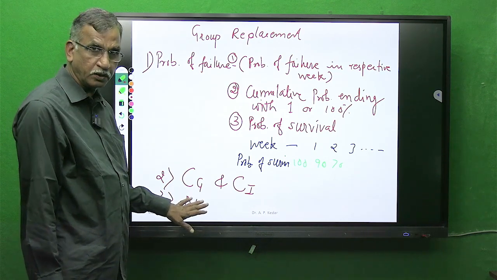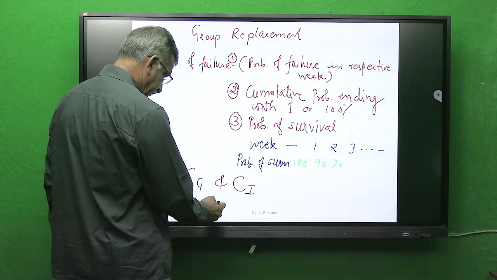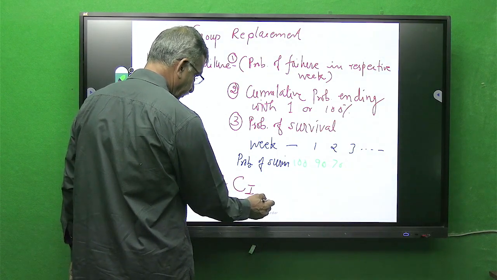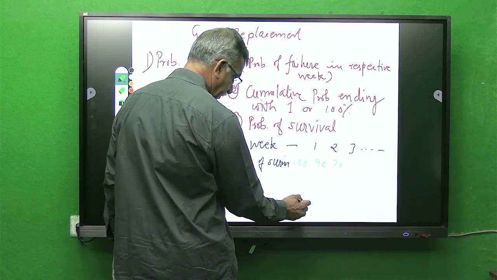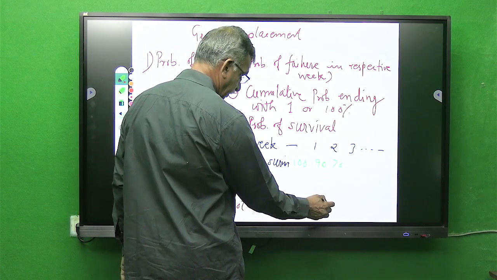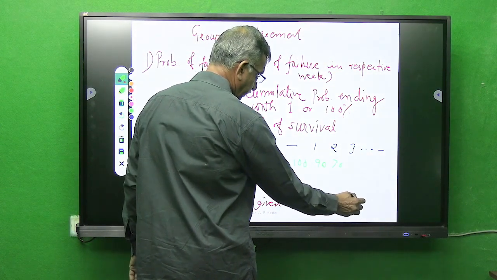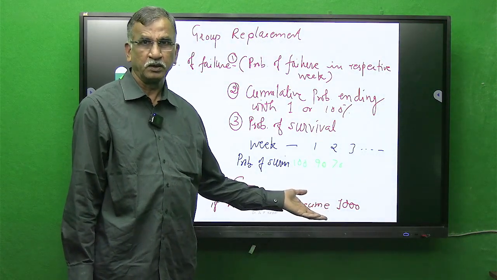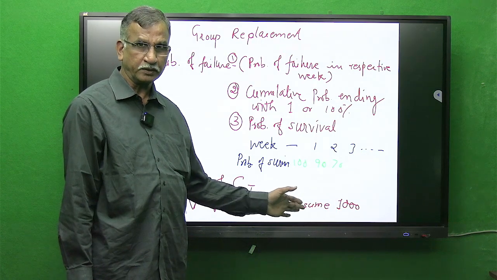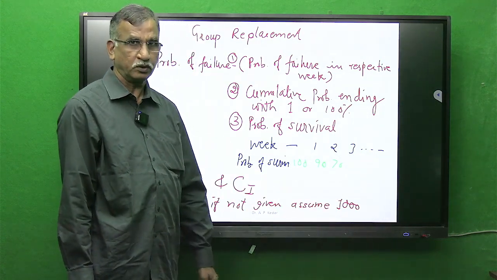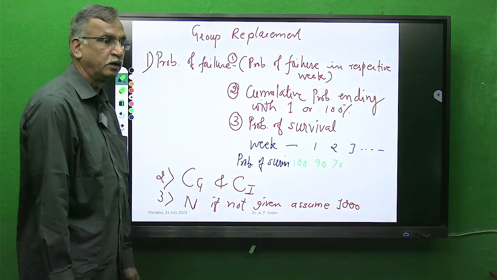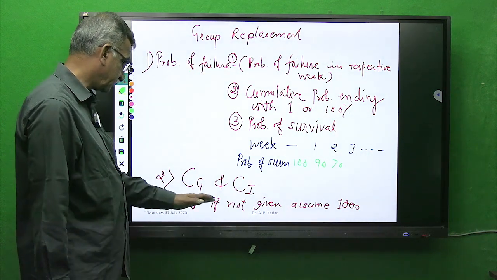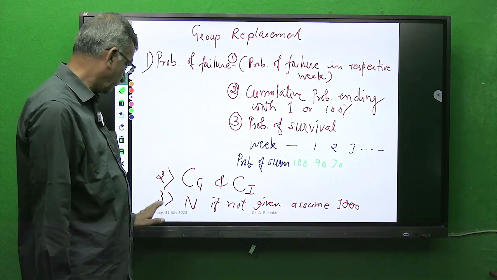If N is not given, I have said to assume the figure of 1000. You may assume any figure as per your wish, 500, 1000, 2000, 5000 like that.